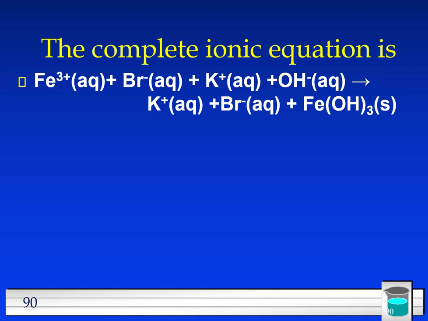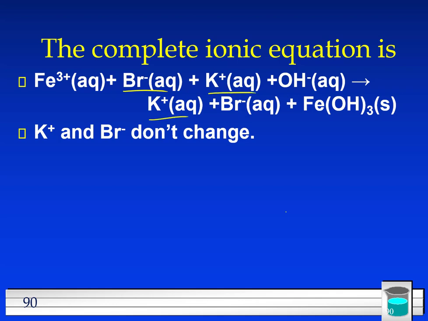The K plus and the Br minus didn't change in this reaction. They were there at the beginning, and they were there at the end. So they weren't involved in the actual reaction.